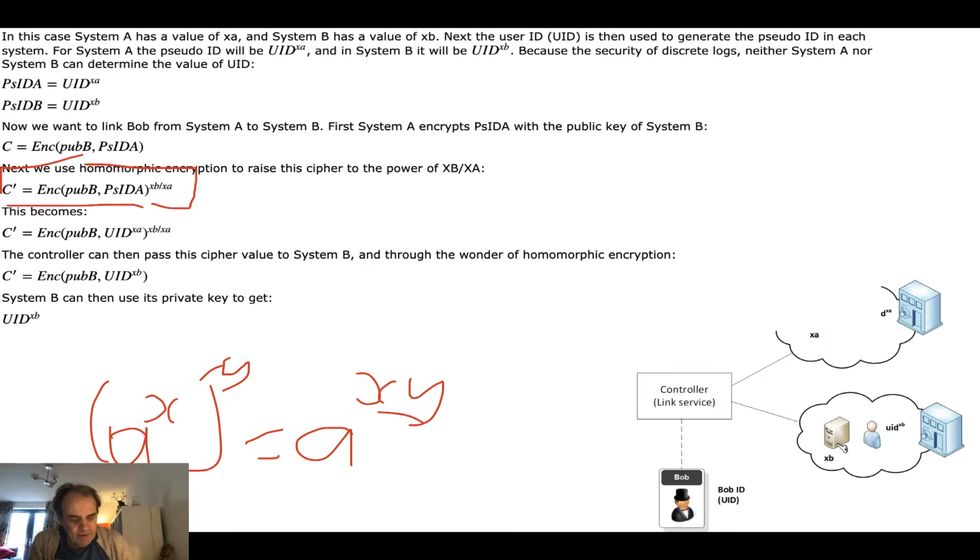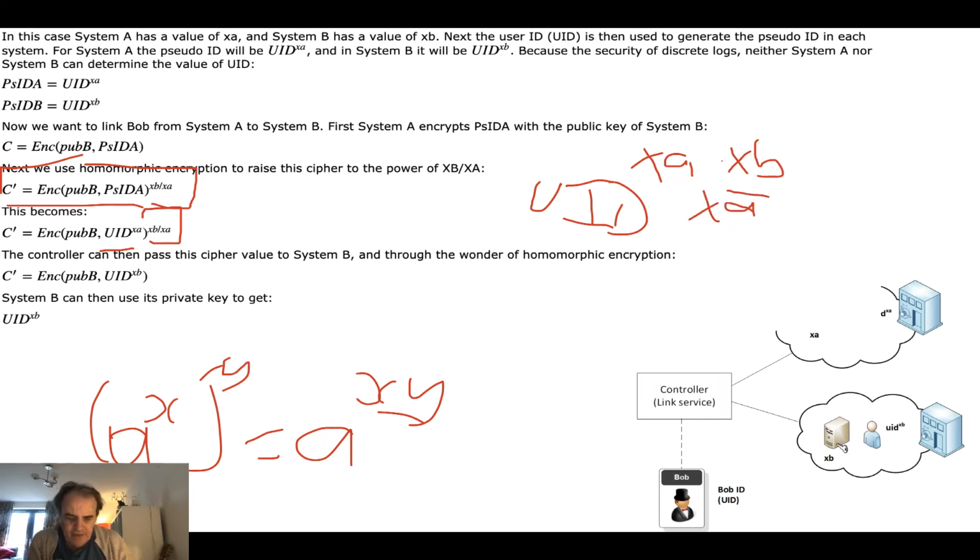So if we remember that the pseudo ID is equal to the user ID to the power of xa to the power of xa xb. If we forget that we're actually dealing with encrypted values here, it still works out, and that's the fantastic thing about homomorphic encryption. So that becomes that multiplied by that.